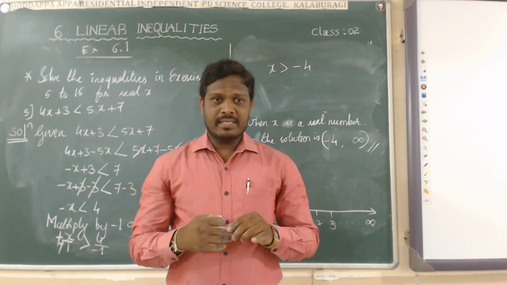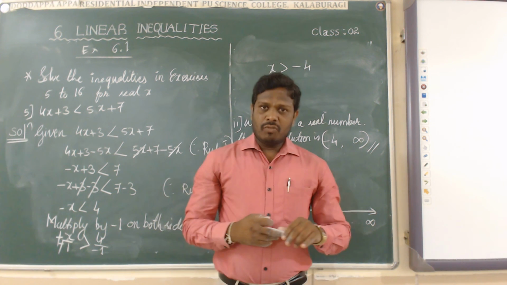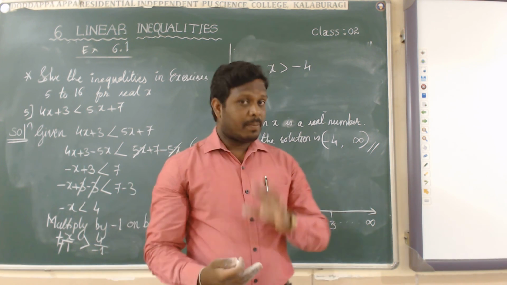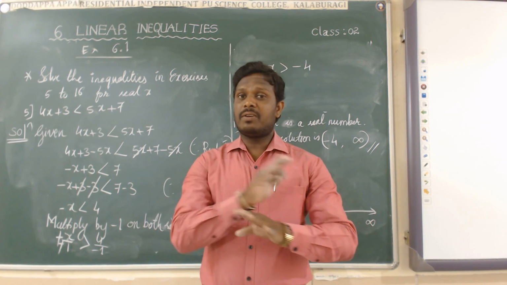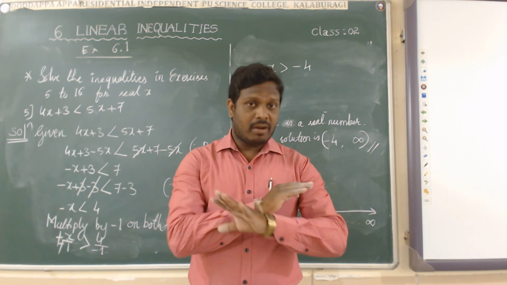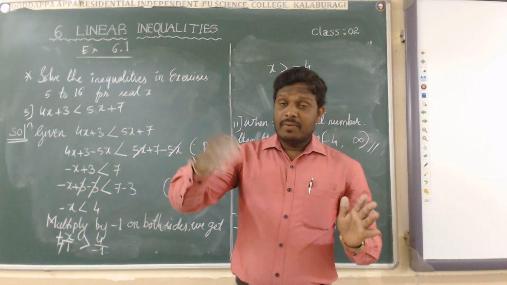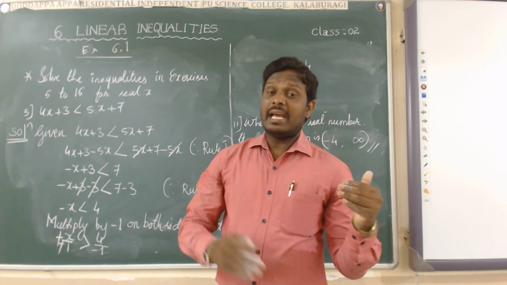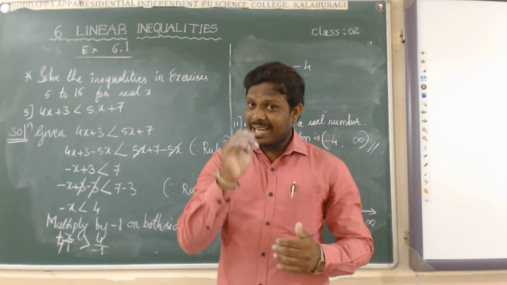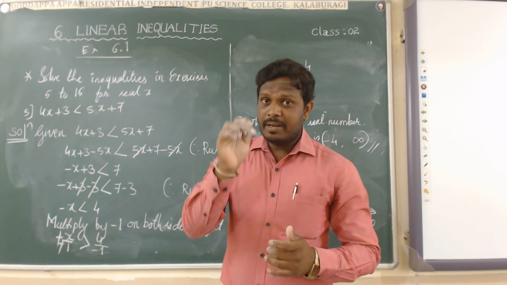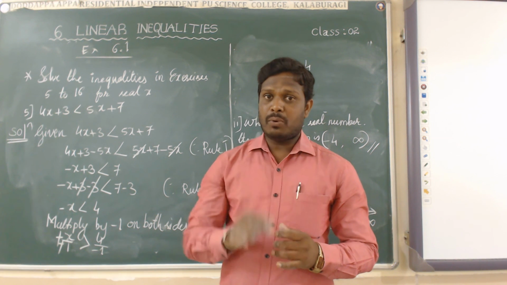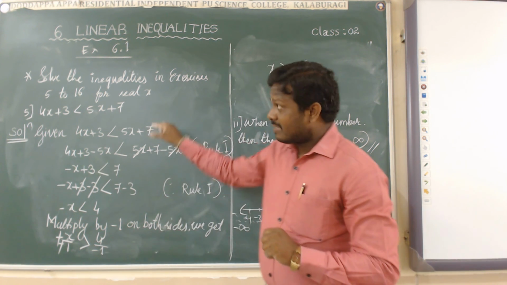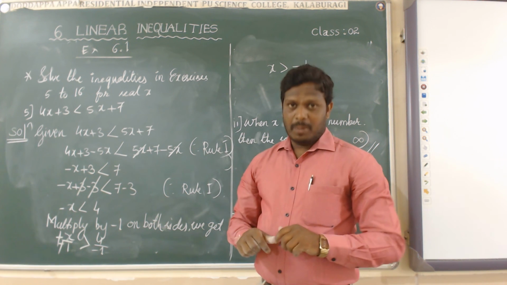The next one is that both sides of an inequality we can multiply or divide by a positive number, then the sign of inequality will not change or not be reversed. When we are going to multiply or divide by a negative value, then the sign of inequality will be reversed. This is the very important rule when we are going to simplify such problems.